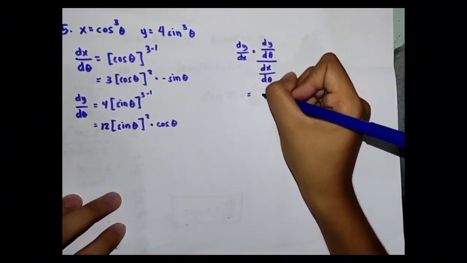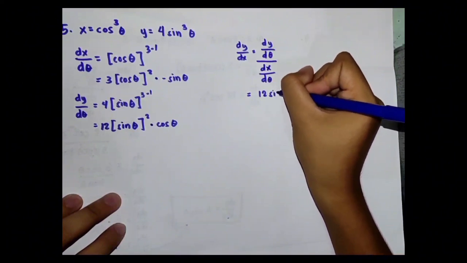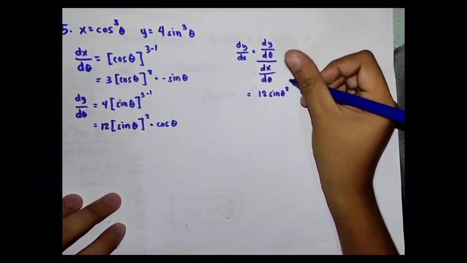Now apply the formula dy over dx equals dy over d theta over dx over d theta.